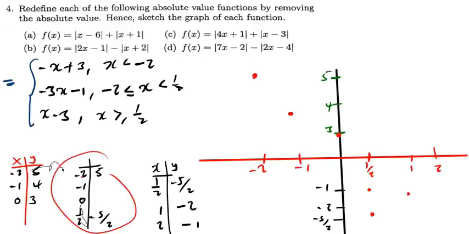Let me get rid of this. Another point is 2 comma negative 1, which is there. So now this graph, the way it's going to be, is like this. Let me show you. From this point here, it's going direct, just straight there. You put an arrow, we don't know where it's ending. Then from here, it comes like this.